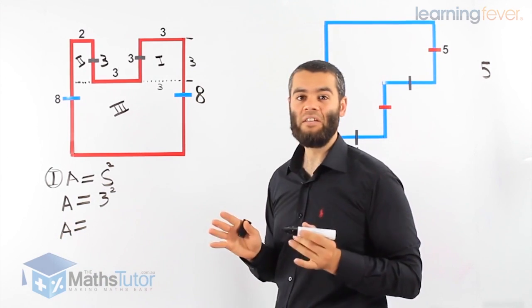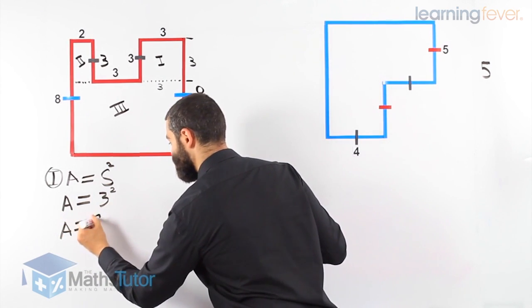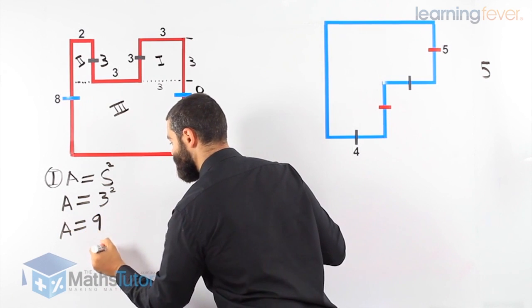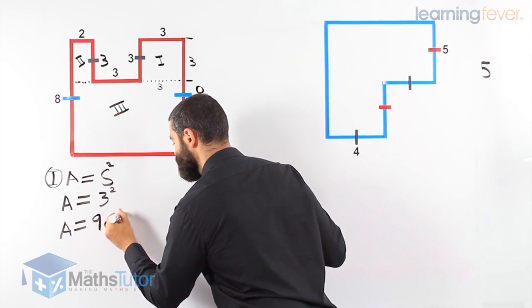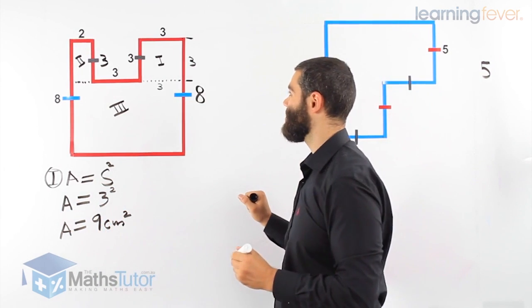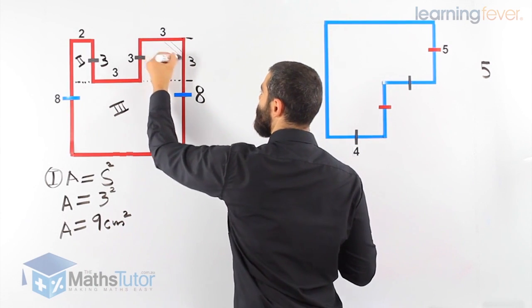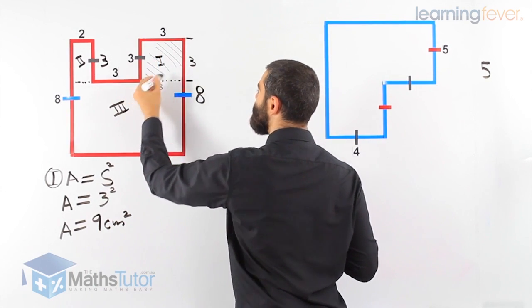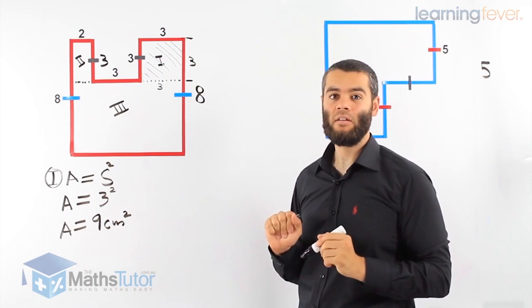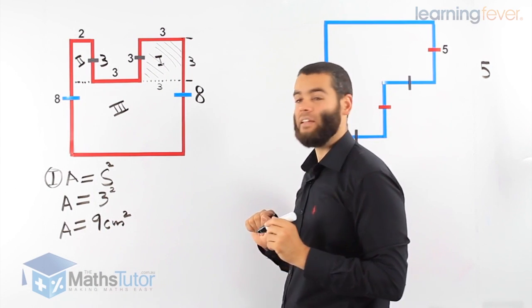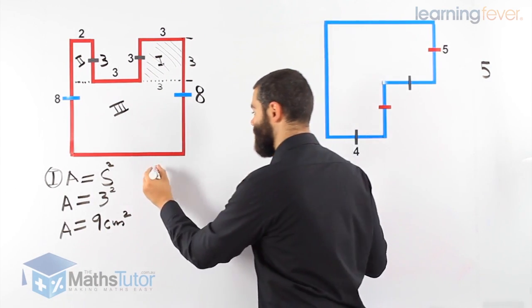And we know 3 squared is 9. So 9 square centimeters for this shape here. Now that's finished. We're done with area 1. Let's move on and do area 2.